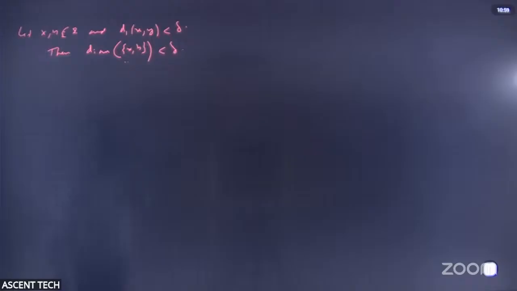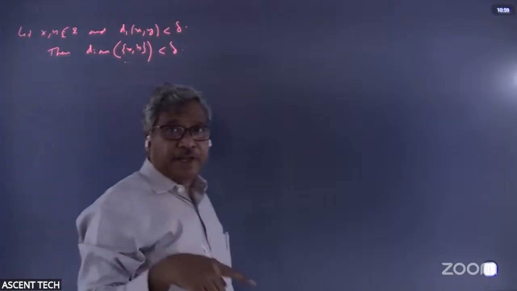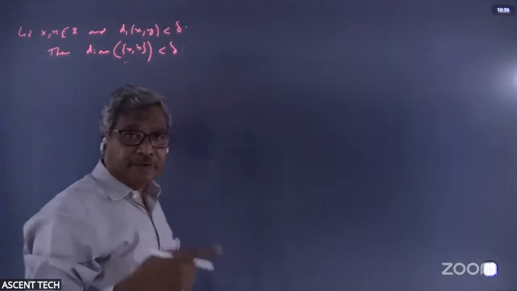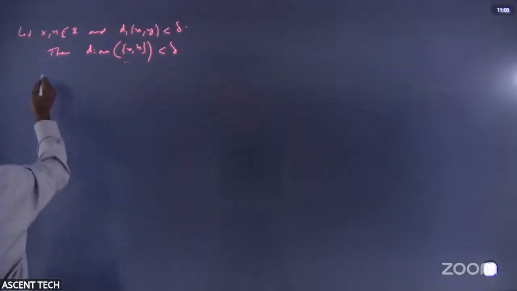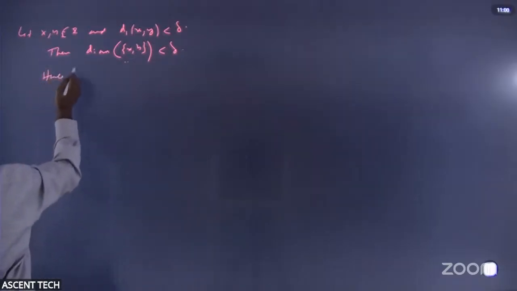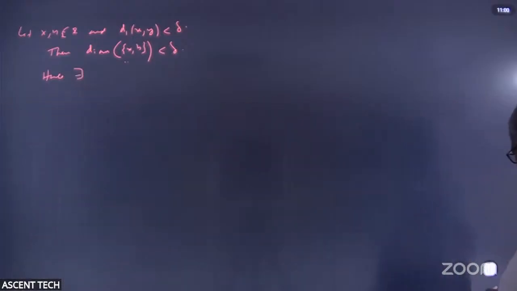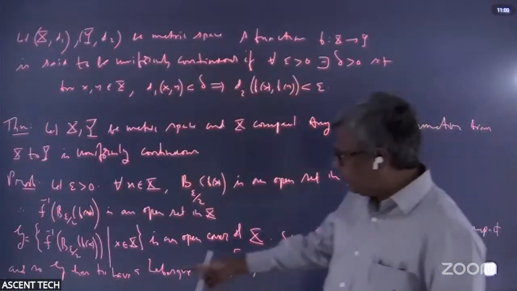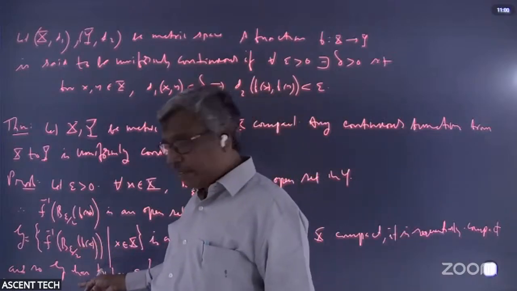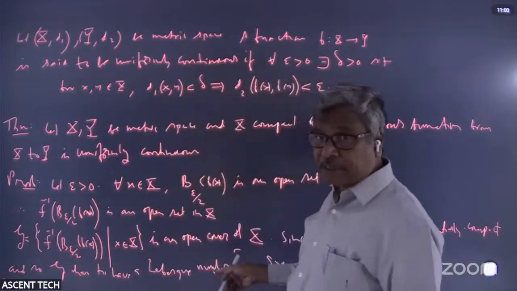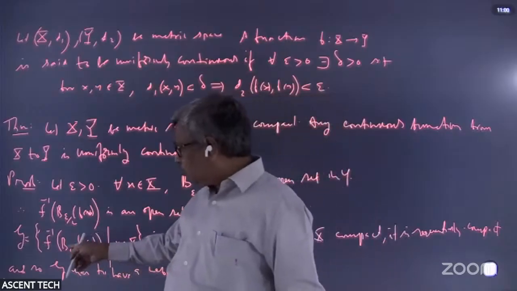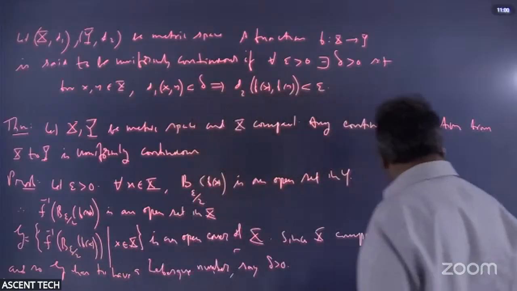Okay, and therefore this set has to be in one of the members of the cover. Hence it has to be one of the members of the cover. You go back and you see that the open cover is this, of the compact space. So x and y belong to one particular such thing.